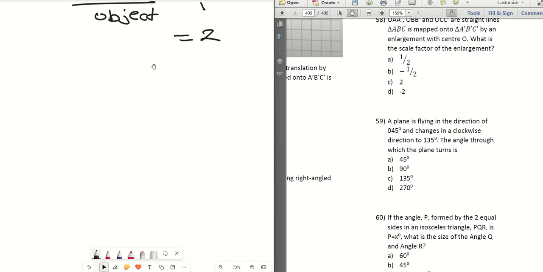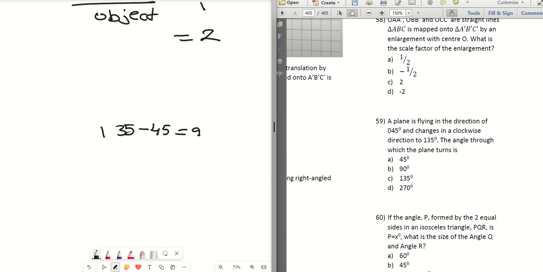So if it is flying at 45 degrees in a clockwise direction and it turns to 135, it would be 135 minus 45, which is equal to 90 degrees. So the answer for 59 is D.